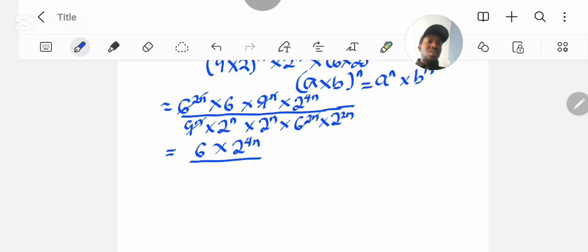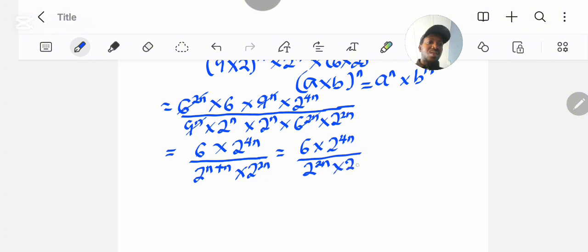Now combining these two together is going to give us 2 raised to power n plus n times 2 raised to power 2n. And this is going to give us 6 times 2 raised to power 4n all over 2 raised to power 2n times 2 raised to power 2n.